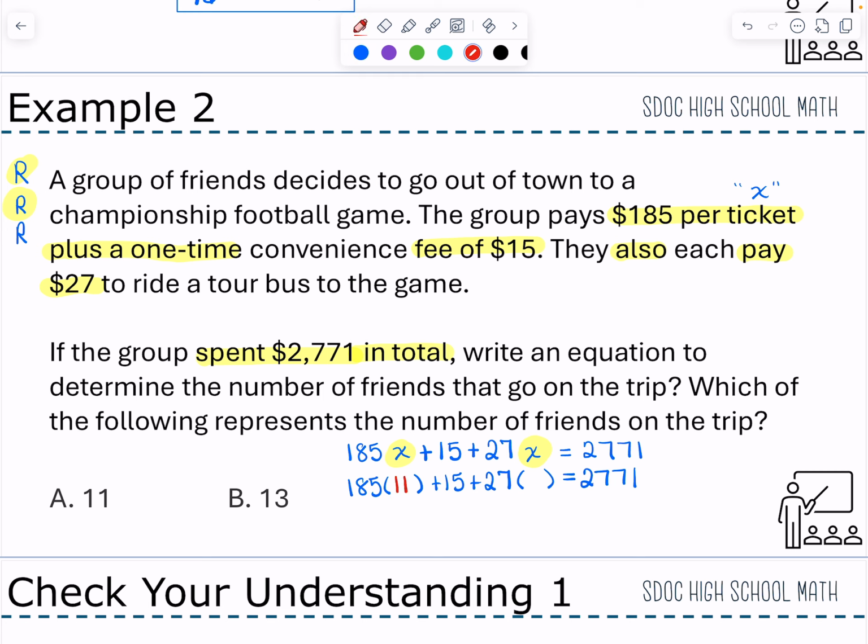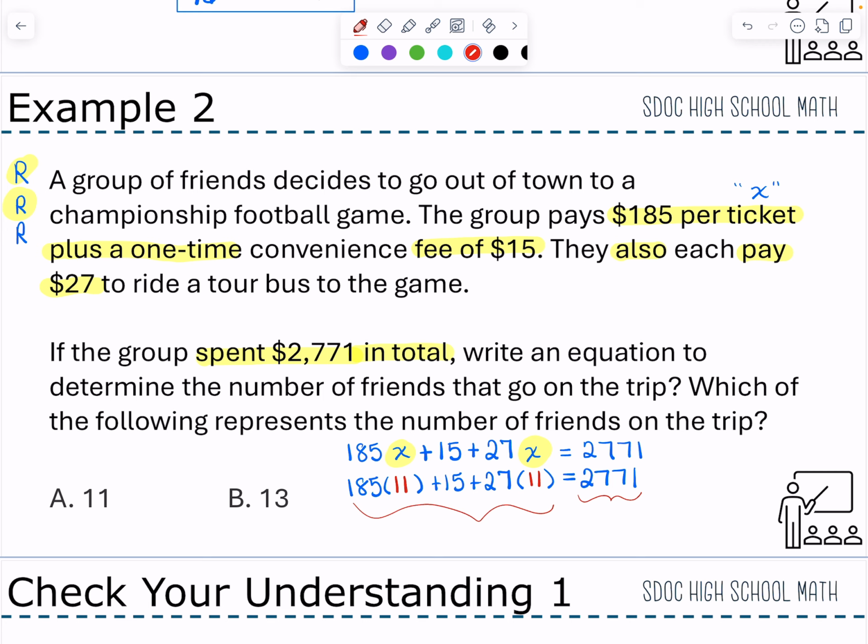In order to check that, we're going to replace the X with 11 the first time. So we're going to use substitution and substitute 11 wherever there was X. Now, when you plug in your calculator, we want to see if the left side equals 2,771.